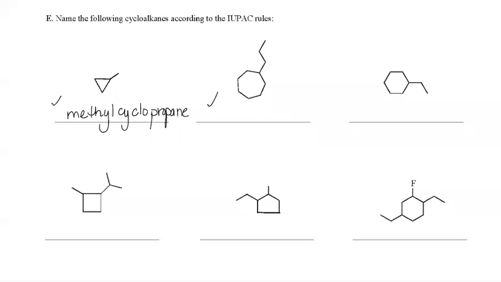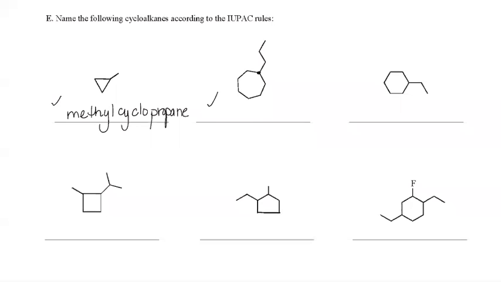What would be the second molecule on the first row? There's an answer in the chat that has a number 1 for the methyl. We don't write number 1, because when you only have one substituent in a cyclic system, you don't have to write a number. I agree with the propyl. There you go. That is a cyclic heptane.